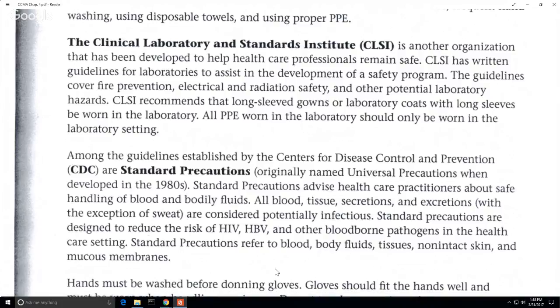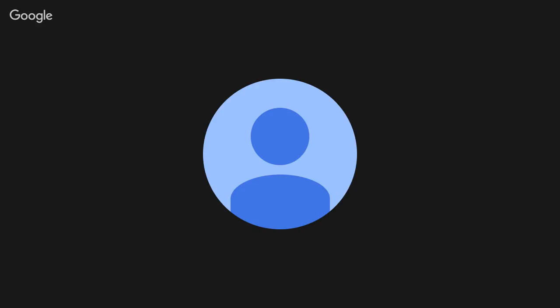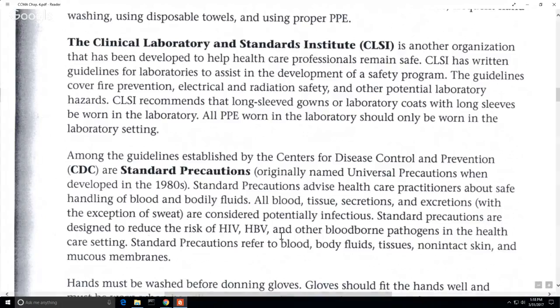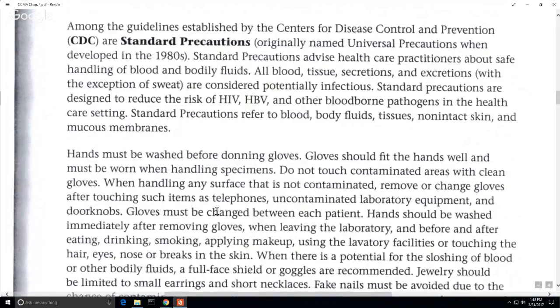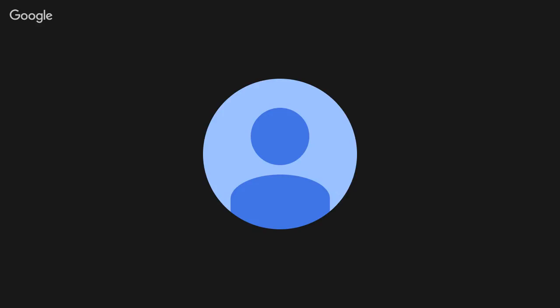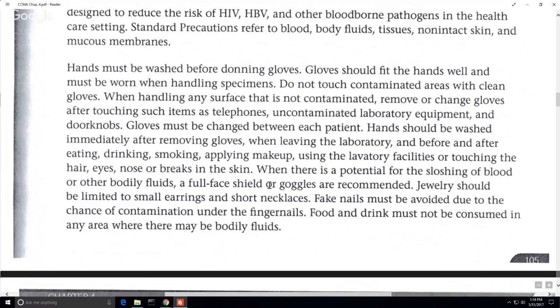The standard precautions refer to blood, body fluids, tissue, non-intact skin, and mucous membranes. The hands must be washed before donning gloves. The gloves should fit the hands well and must be worn when handling specimens.